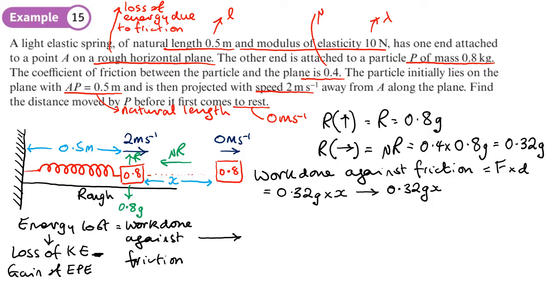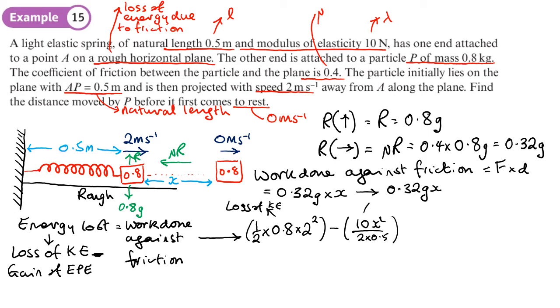So let's start by working out the loss of kinetic energy: half m v squared. Okay, so there's our loss of KE. But there's going to be a gain of elastic potential energy, so that's going to be lambda x squared over 2 times the natural length, so that's 2 times 0.5.